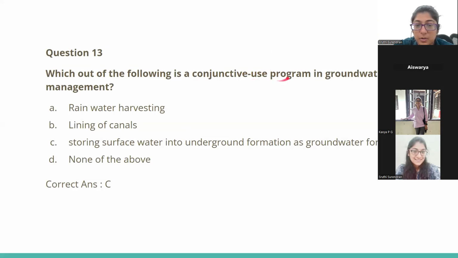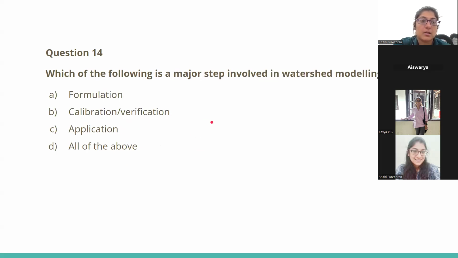It is storing surface water into underground formations. Rainwater harvesting is an artificial recharge technique. Lining of canals is also an artificial recharge technique. So correct answer will be option C. Which of the following is a major step involved in watershed modeling?